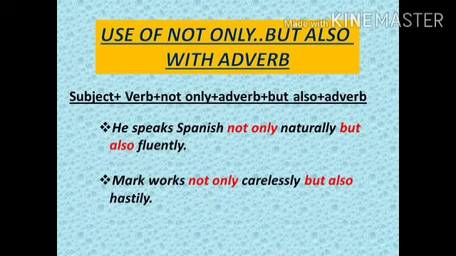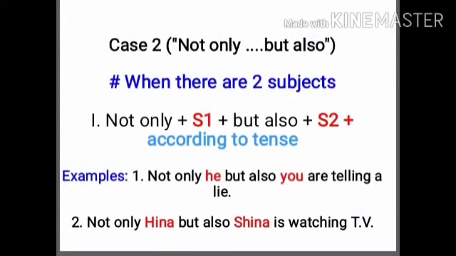In this sentence, we have two adverbs, naturally and fluently, which are describing the verb speaks for the single subject he. Look into another example. Mark worked not only carelessly but also hastily. Here, carelessly and hastily are adverbs describing the verb work for the subject Mark.